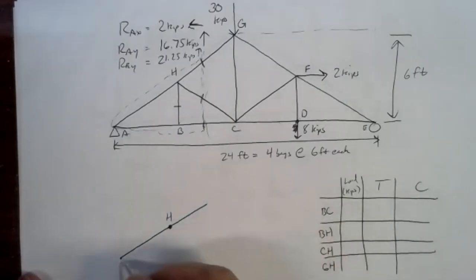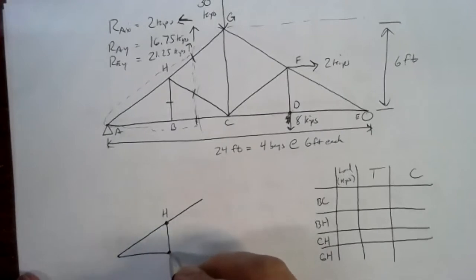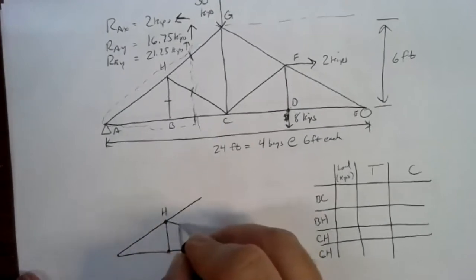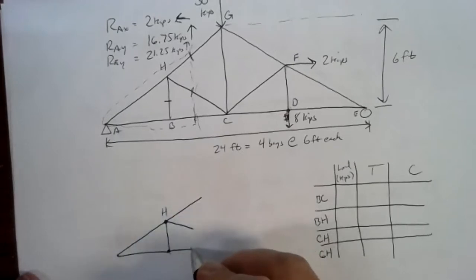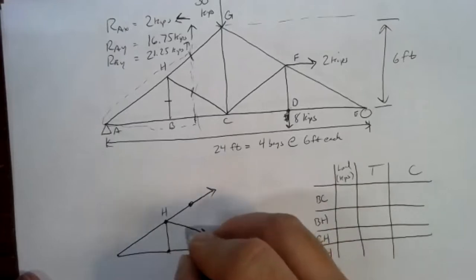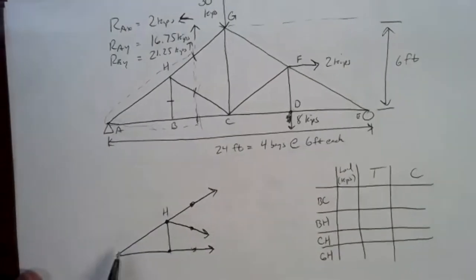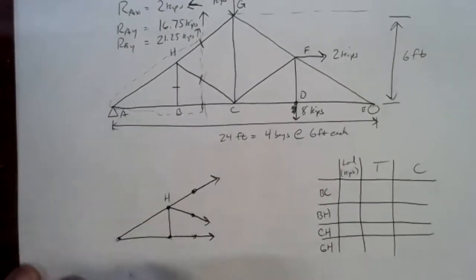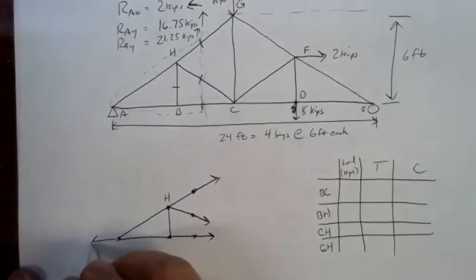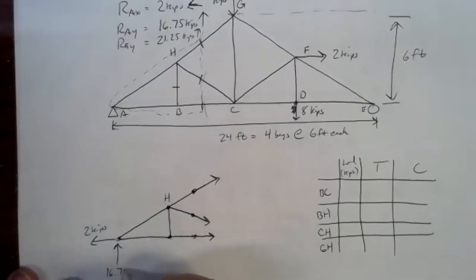There's H. We've cut away these forces. We have to replace our pinned support with the forces it supplies. We have 2 kips to the left. And we have 16.75 kips up.